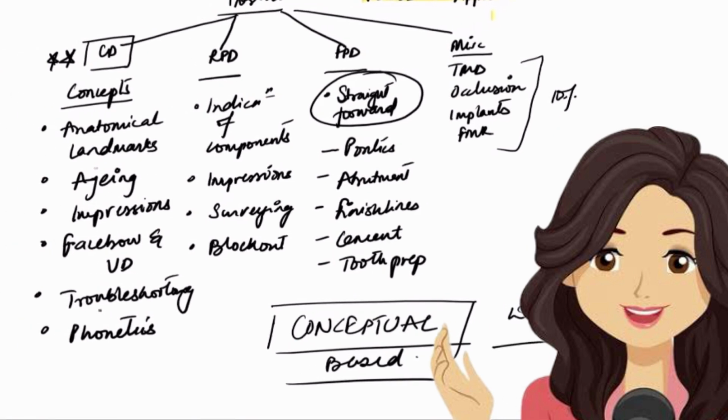Or why is this particular mechanism behind this procedure, or why is this particular numerical value used for this impression material, or why is this thickness of spacer? I'll try and explain you the why behind things. The reason is that if you have a core concept around a topic, then it becomes easy to remember, or rather it is engraved in your memory. You don't need to memorize it.